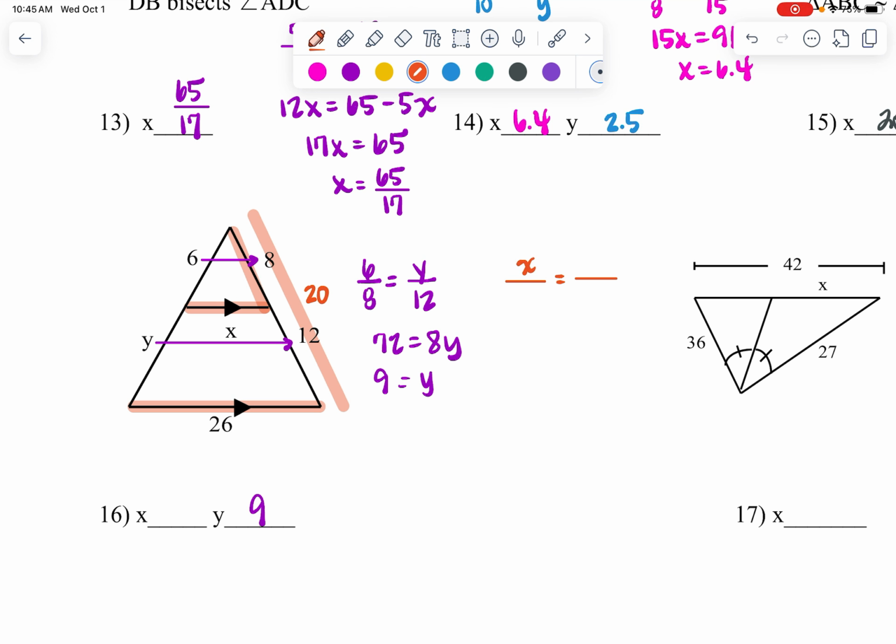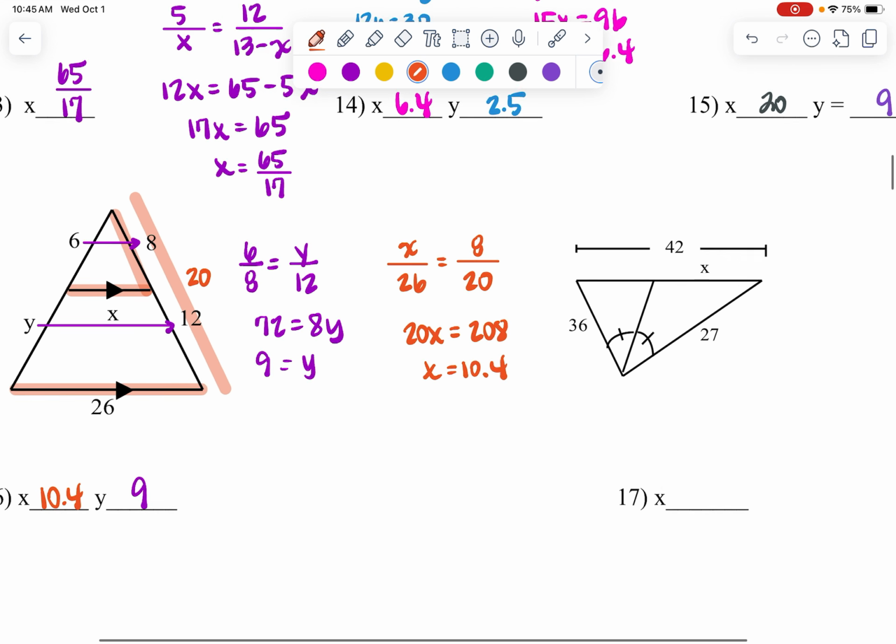So let's see, x is to 26, so I'm doing small to big, as 8 is to 20. So 20x equals 208, and then I end up getting 10.4, which is a nice finite decimal, so I'm totally fine with that. Again, if you want to write that as 52/5, I would take that also.